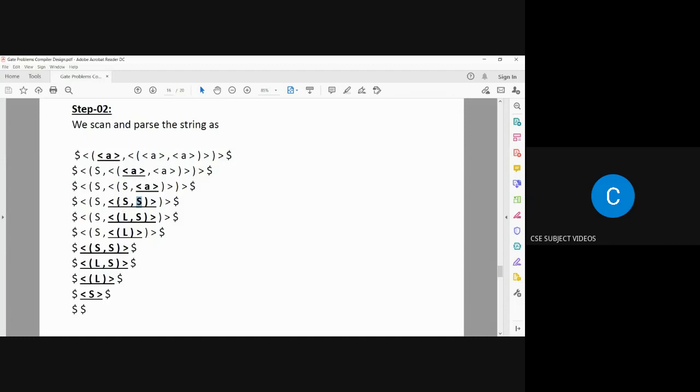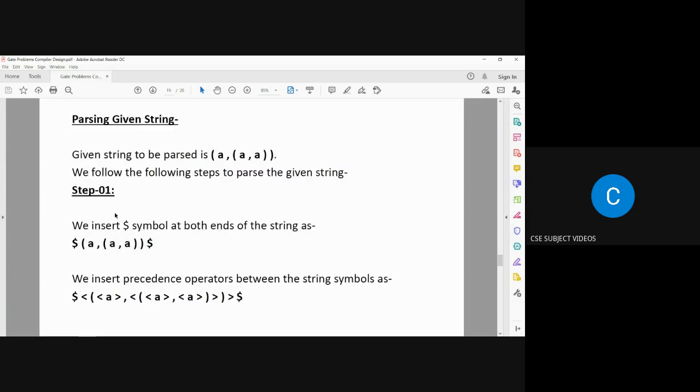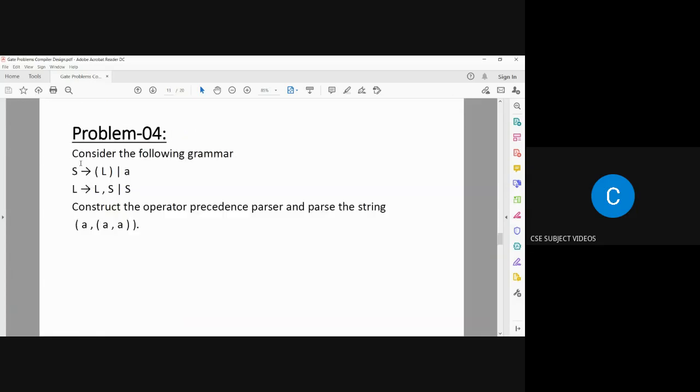Again, we can reduce this fourth step into other non-terminals according to our given productions. See the productions: according to these two productions, whether any other reductions happen or not. Likewise we have to think.